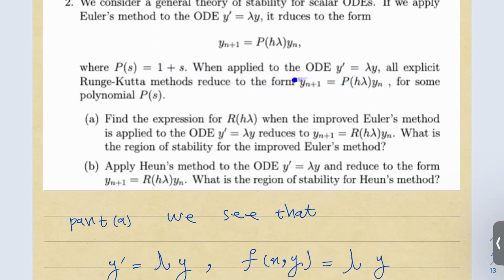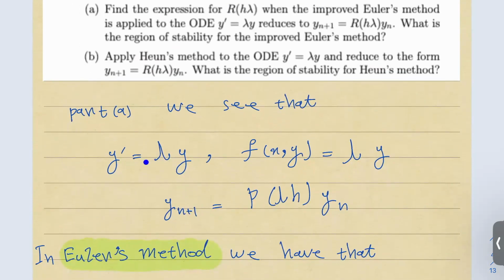Okay, so Runge-Kutta, the order can be 1, 2, or 4. So if we have something like this ODE, as it's written here, yn plus 1 will be like this. Now, for Euler, y prime is equal to lambda y, so f of x, y is lambda y. So why is this happening?